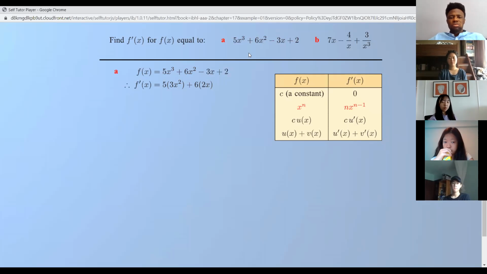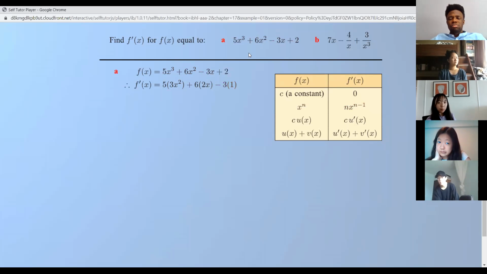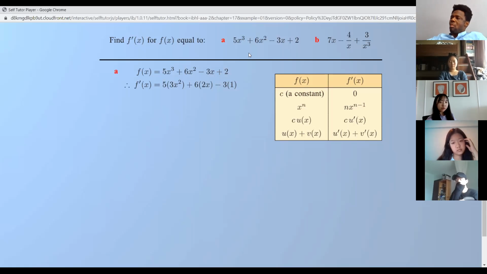Notice how the power of x decreases by 1. To differentiate minus 3x, we write the constant minus 3 in front, and the derivative of x to the power 1 is 1 times x to the 0, which is just 1. The derivative of the constant term 2 is 0, and so it is not included in our calculation.